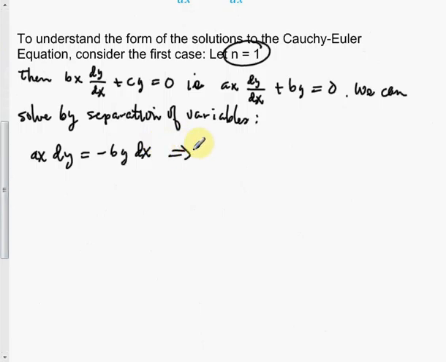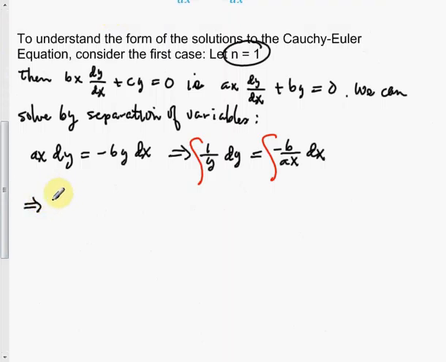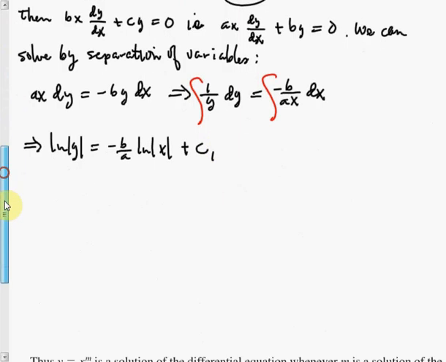And so we have 1 over y times dy is equal to negative b over a times x times dx. Integrating both sides, it gives us the natural log of y, absolute value by all means, is equal to negative b over a times the natural log of x plus, let's say, c sub 1.